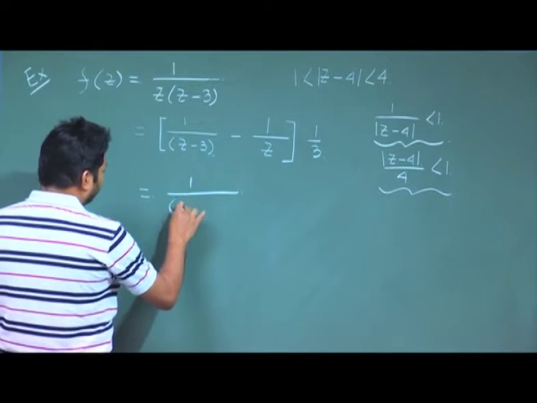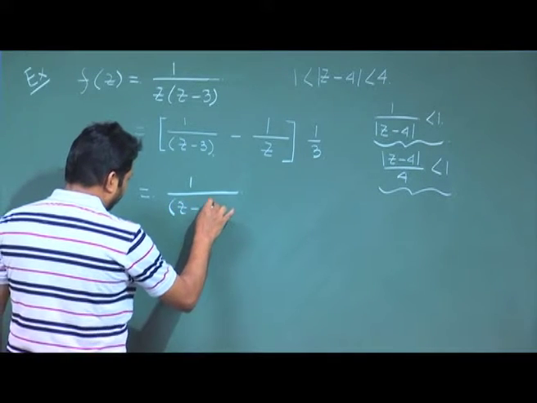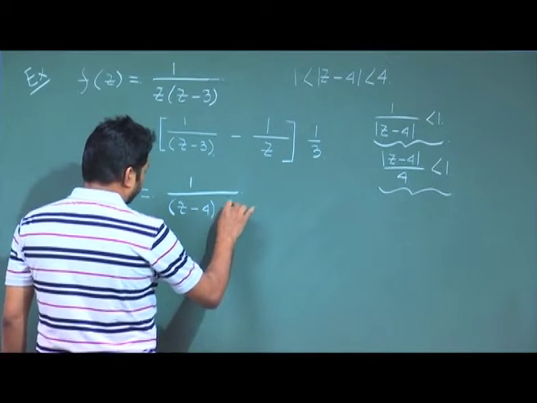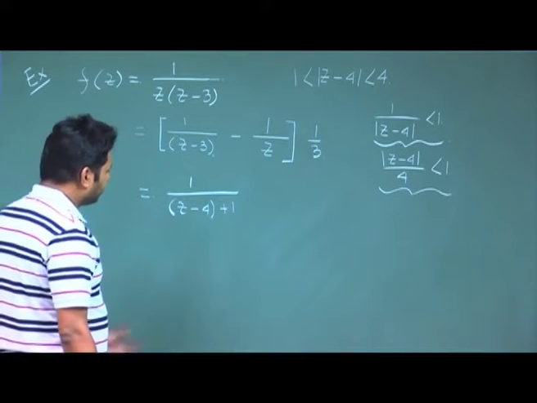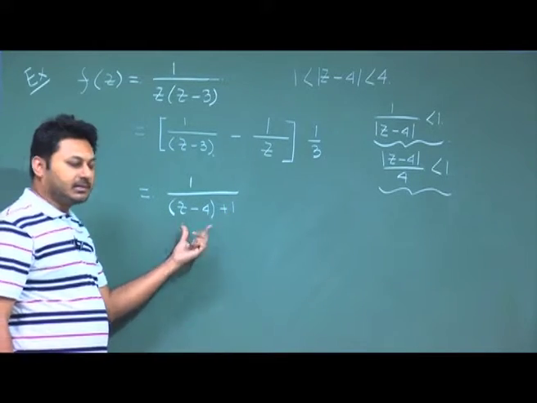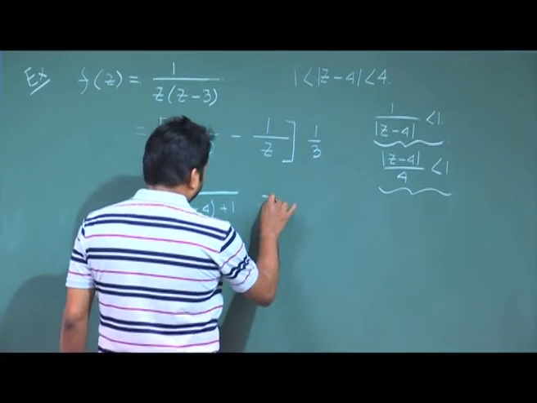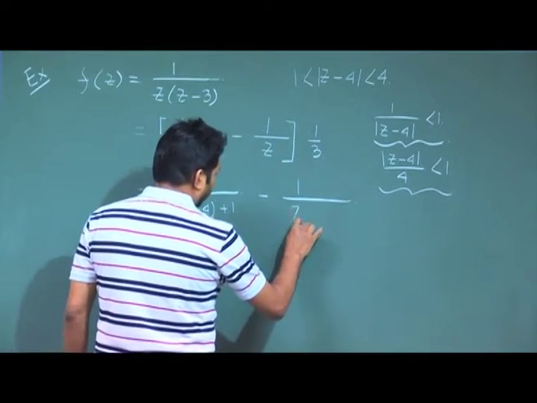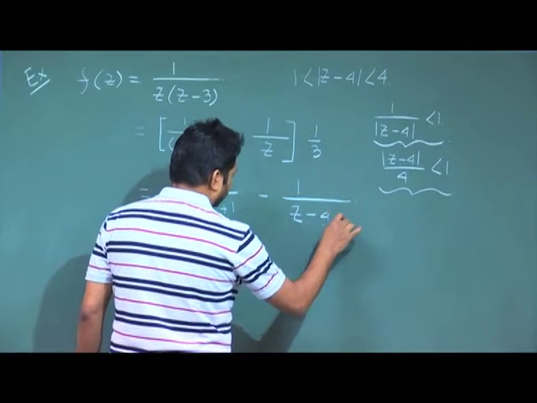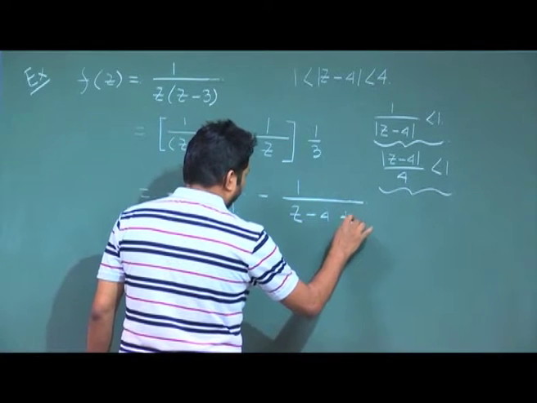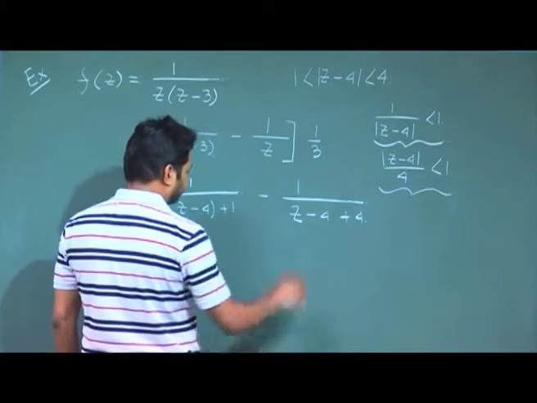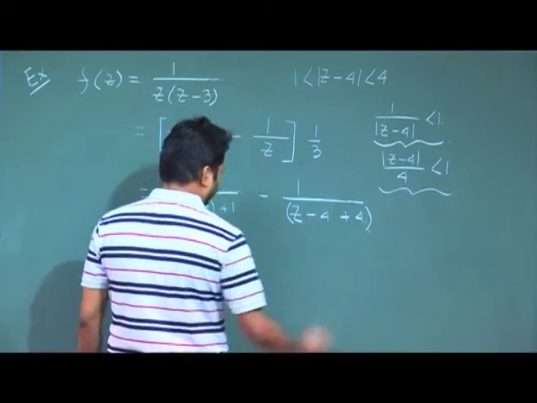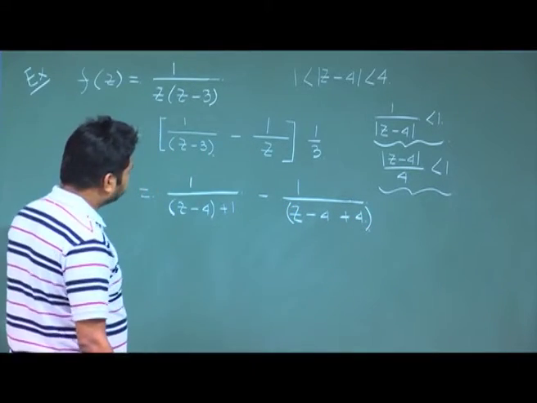So, z minus 3 I can write as z minus 4 plus 1. Another part, which is z, I can write as z minus 4 plus 4, like this.